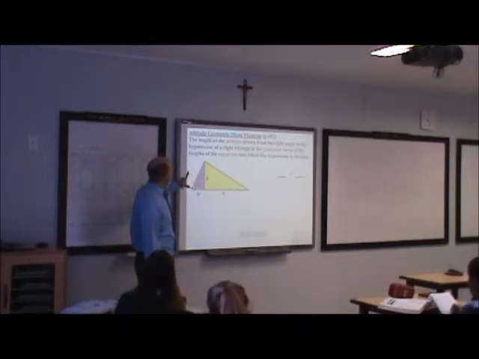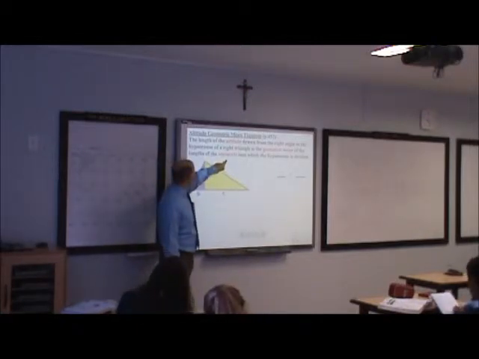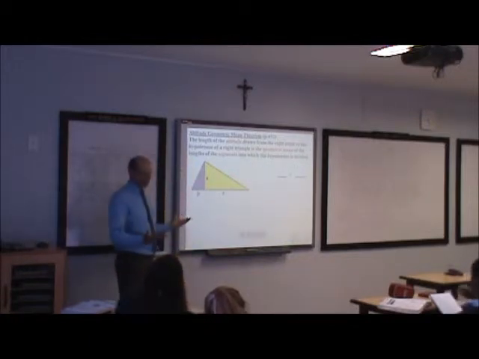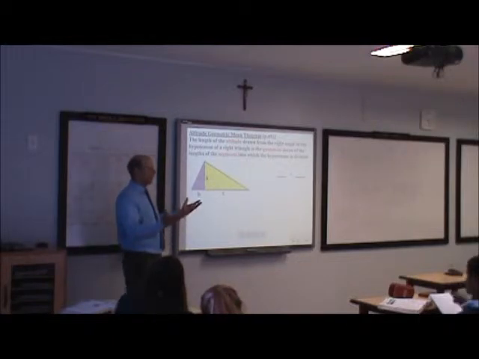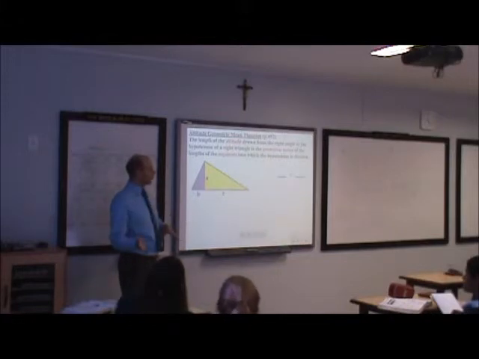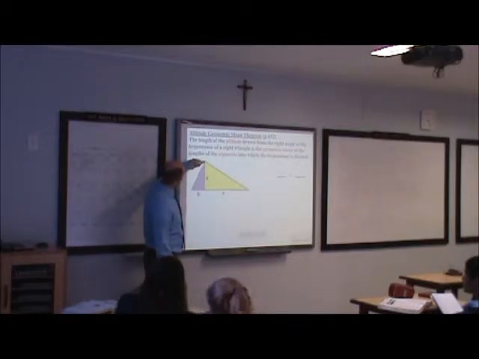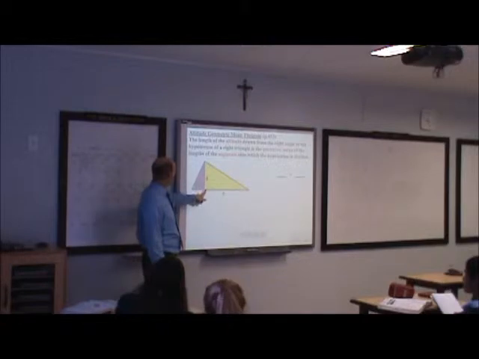The thing we might need to talk about a little bit is, I've highlighted this term segments. Now you know what a segment is in general, of course. But what we need to do is make sure you know how we're using this specifically in this theorem and the next 2 theorems. What it means is that when we draw the altitude from the right angle to the hypotenuse, it hits the hypotenuse at a certain point, right?